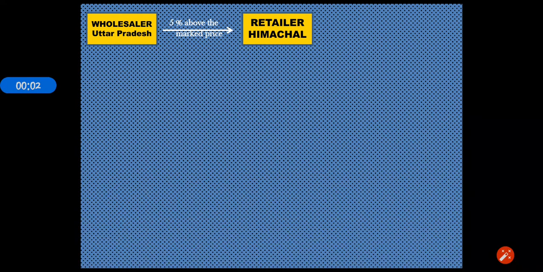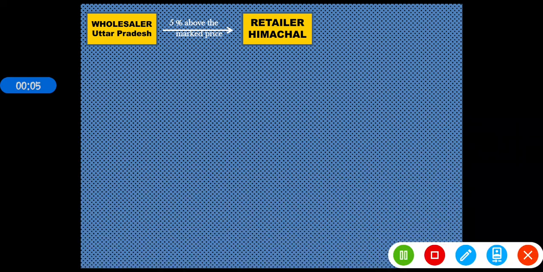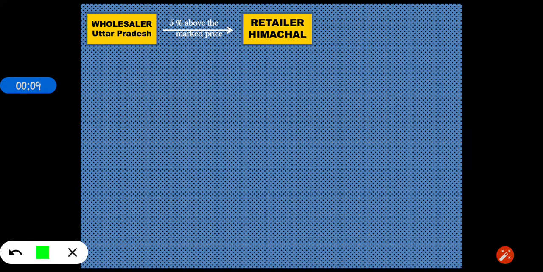Now the second part of the question, the wholesaler in Uttar Pradesh is going to sell an article to a retailer in Himachal Pradesh, marking 5% above the mark price. So the cost price of an article is equal to mark price plus 5% above the mark price.